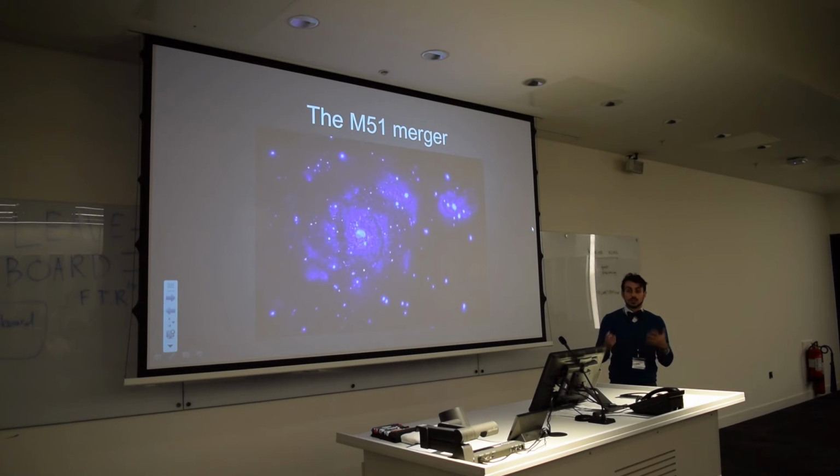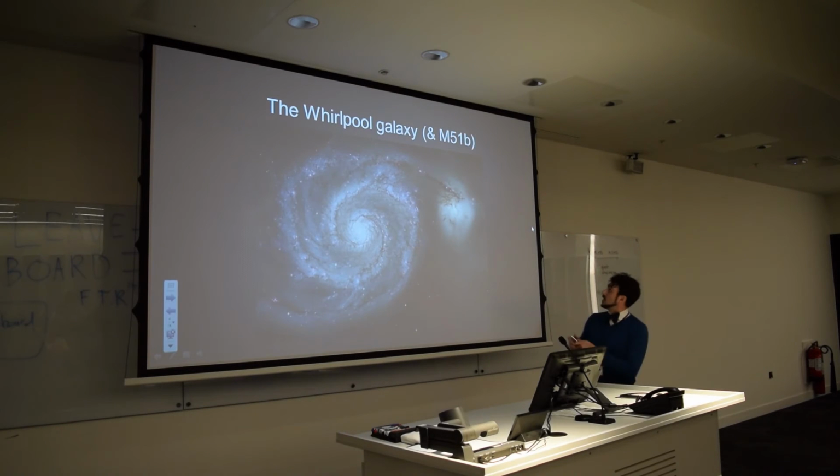So the supermassive black hole, which is usually there to destroy everything, is forming new stars. So M51b should be part of the M51 merger, because they are equally important in activating the star formation for both the dwarf galaxy and the big spiral galaxy.